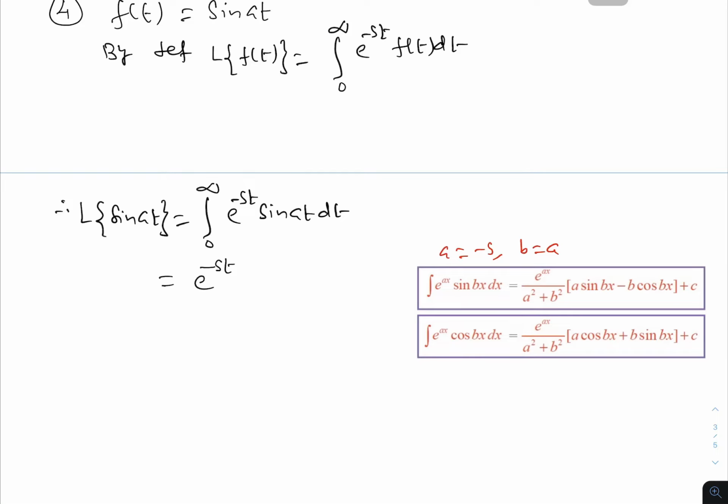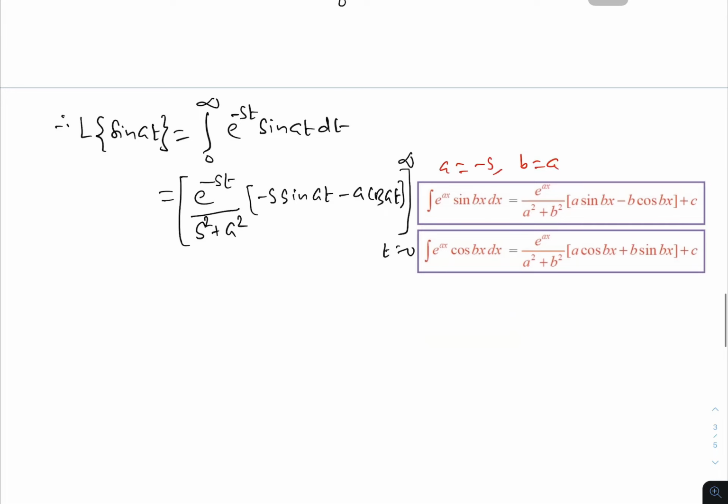So e power minus st over s square plus a square, then a, so that is minus s sine bx, so sine at, minus b, so minus a cosine bx, so cosine at, and all of this with t from 0 to infinity.